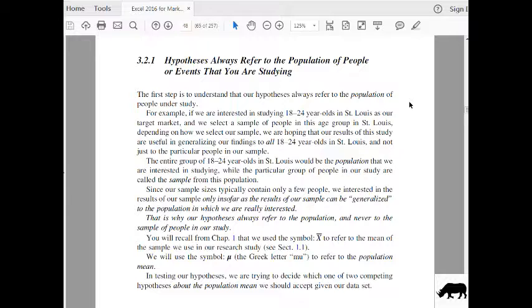Hypotheses always refer to the population of people or events that you are studying. The first step is to understand that our hypotheses always refer to the population of people under study.